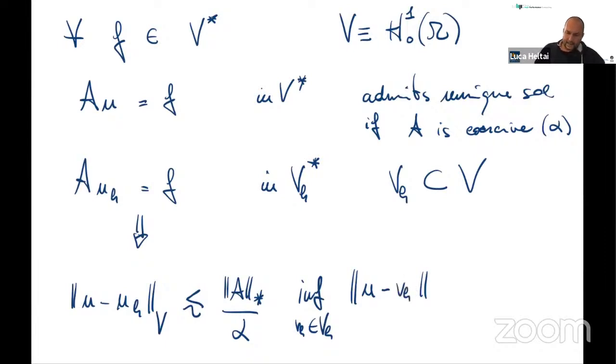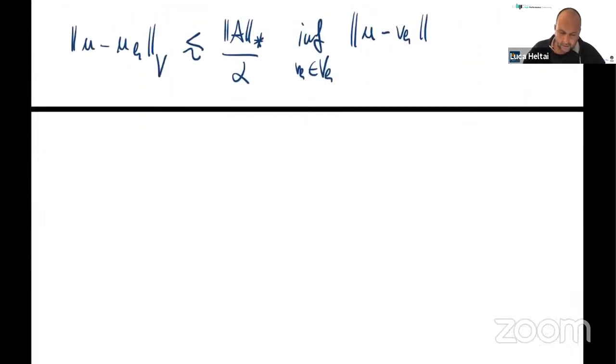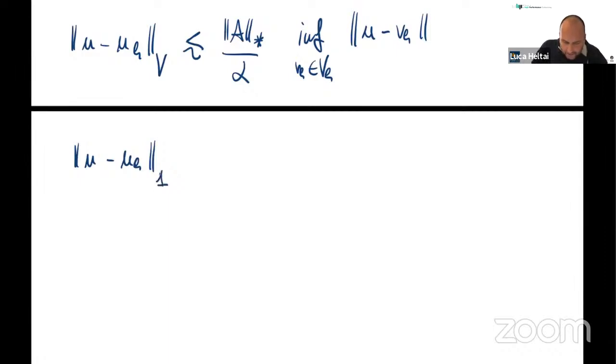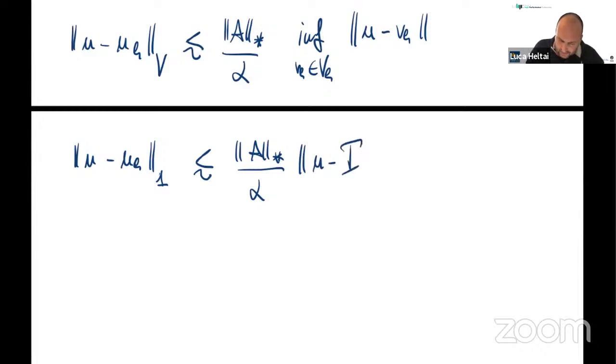And now we kept going with this inequality. And what we found was that the semi-norm 1 of u minus u_h, there are two constants here, A star and alpha, and this infimum was certainly smaller than u minus its interpolation.